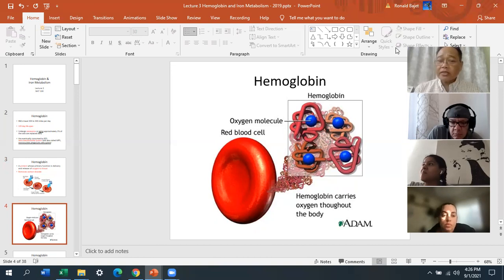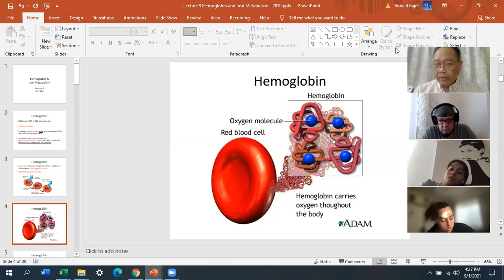So oxygen is not a permanent fixture of the hemoglobin molecule. What the permanent fixture is, is iron, because the oxygen will bind to an iron molecule. Oxygen is, like I said, just a passenger. It's picked up in the lungs and delivered to the tissues.